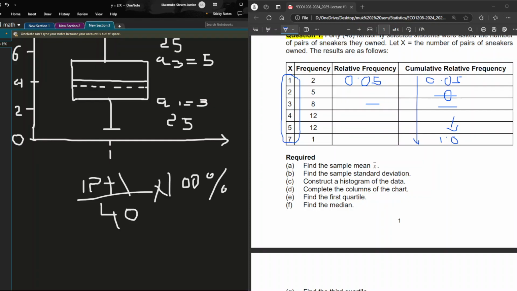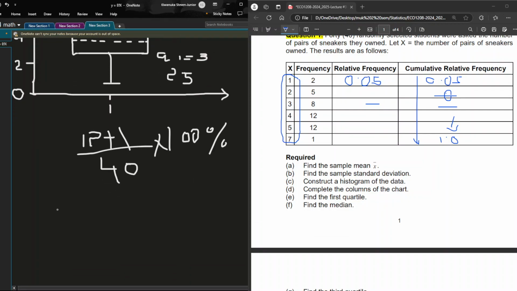It means we have 13 divided by 40 times 100. We get 32.5%.